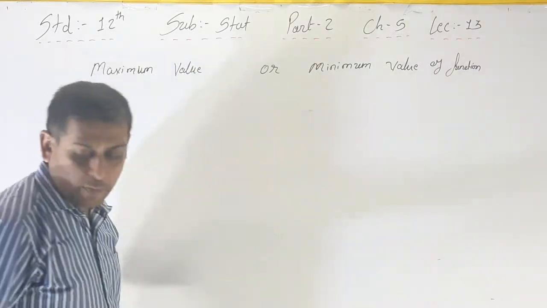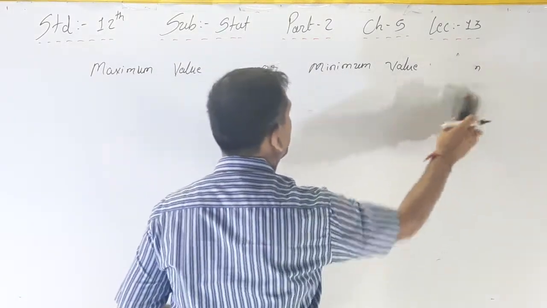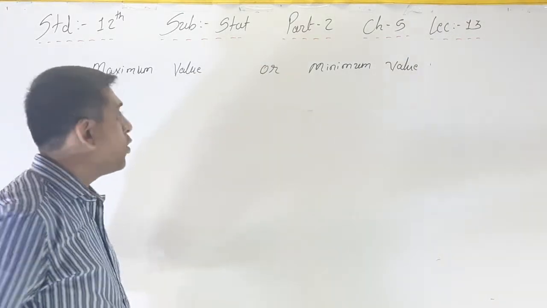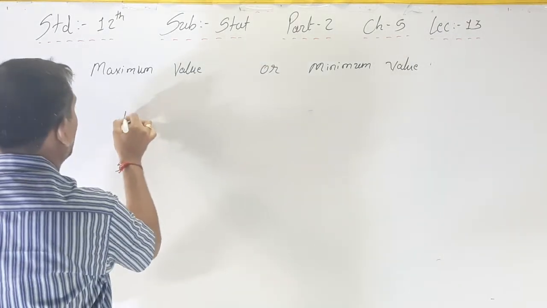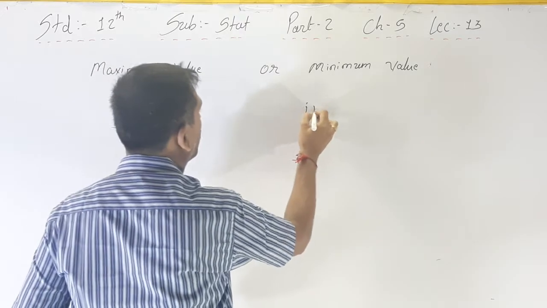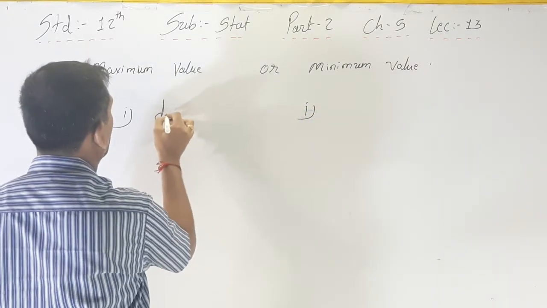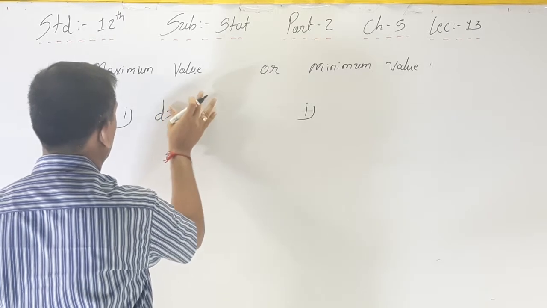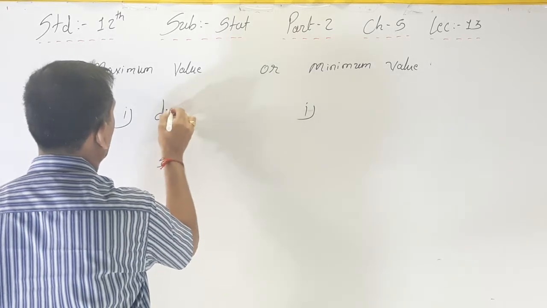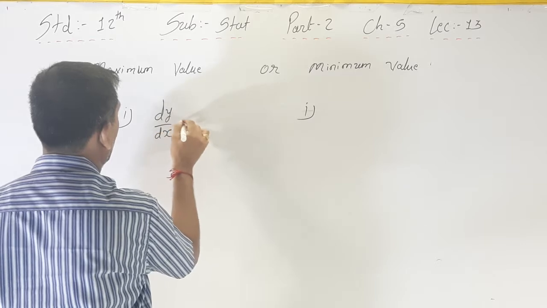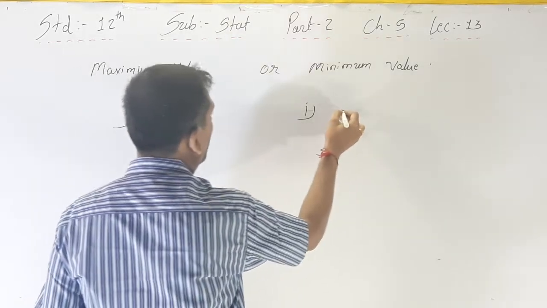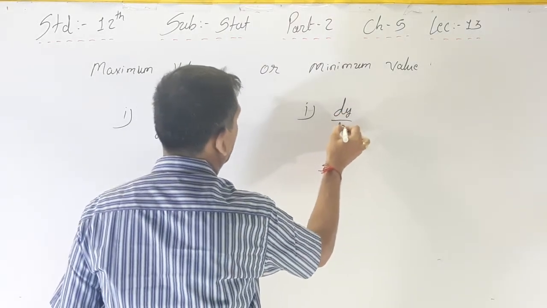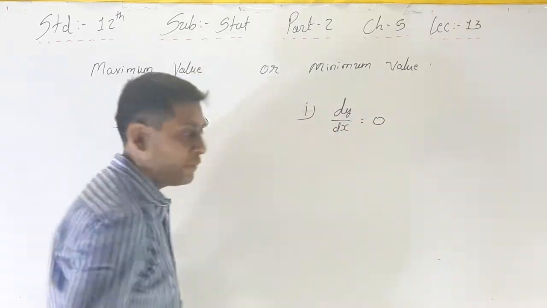Okay, maximum value and minimum value. What is the rule for that? The first rule that is common for both: we have to find out the first differentiation and we have to put 0 as your first step.